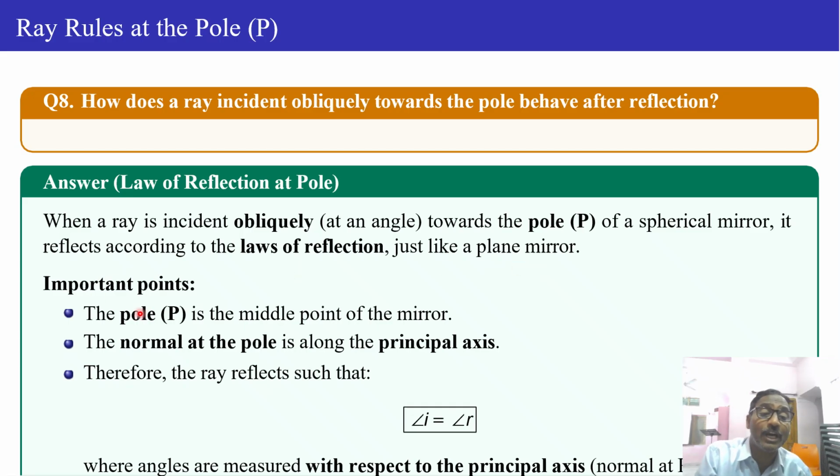Important points here: the pole P is the middle point of the mirror. The normal at the pole is along the principal axis. Therefore, the ray reflects such that angle of incidence is equal to angle of reflection.